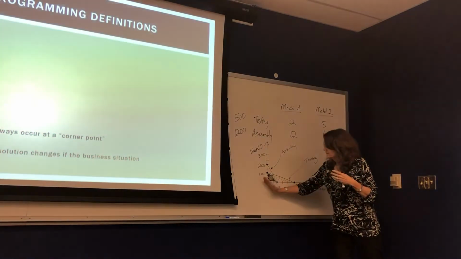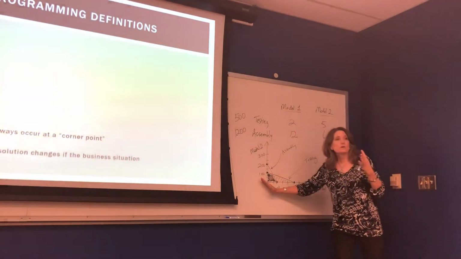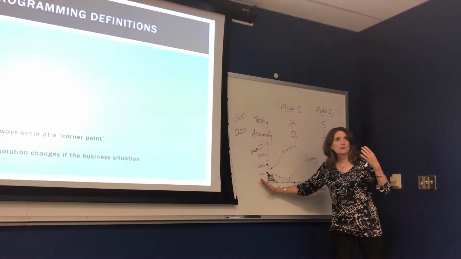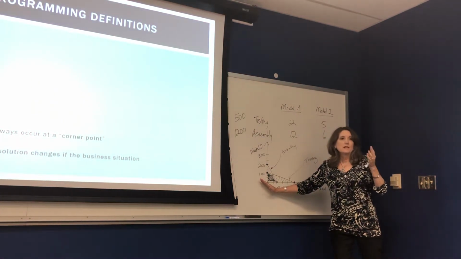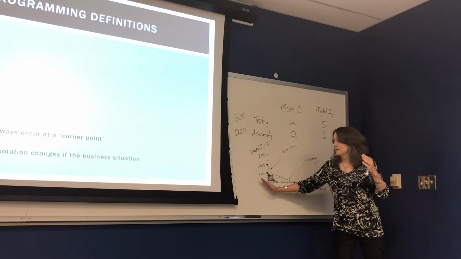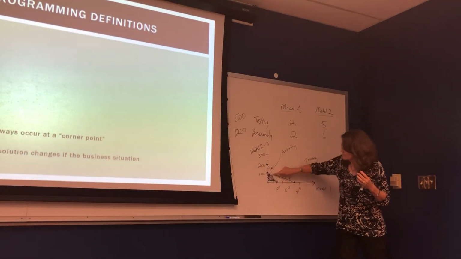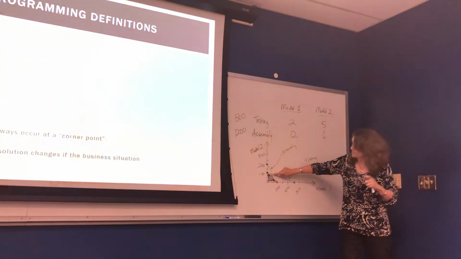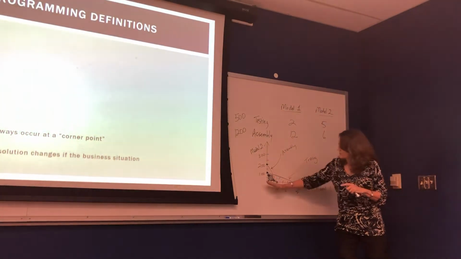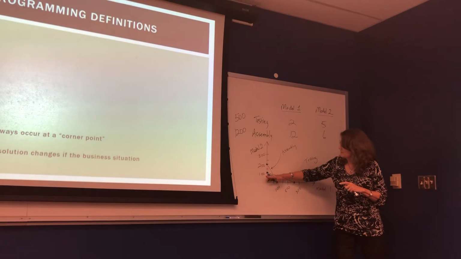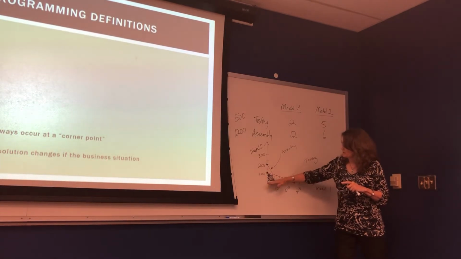And that line would be our objective function line. As it went out, the profit would be getting higher, higher, higher. And so if it's sloped kind of like this, the highest point it will reach and still be feasible is that corner right there. If it was sloped a little this way, the highest it could reach would be this point.